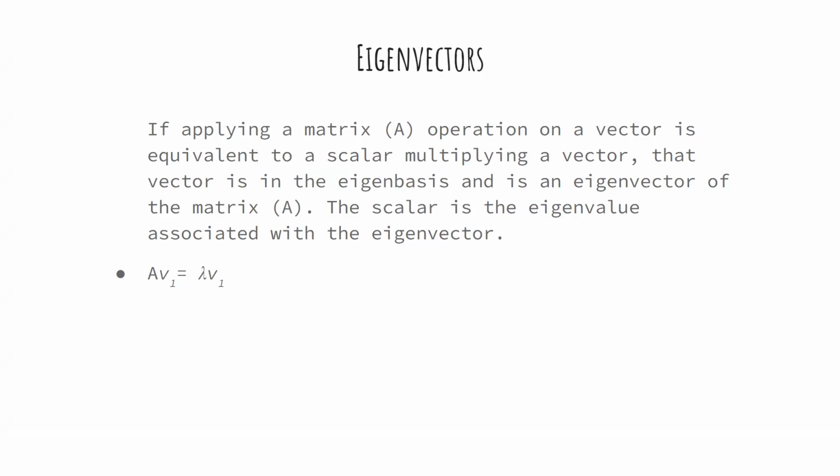If applying a matrix operation on a vector is equivalent to a scalar multiplying that vector, then that vector is in what we call the eigenbasis and is an eigenvector of matrix A. So all I'm saying here is when you multiply our vector by our matrix A, it's equivalent to multiplying our vector by some scalar lambda, then our vector V is an eigenvector of A. And lambda is actually the eigenvalue of our matrix A associated with that eigenvector V1. So yeah, that's the high level idea of eigenvectors.